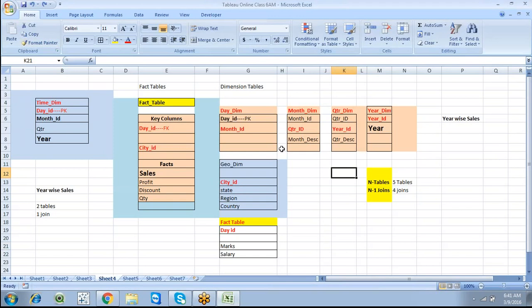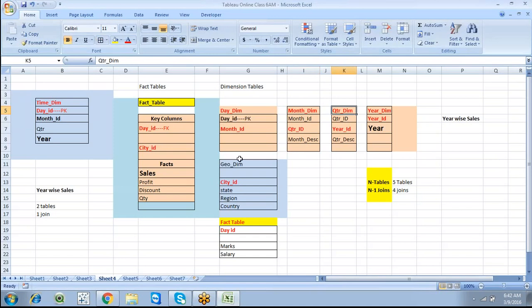If a particular dimension table is indirectly related to a fact table, that is called a shrunken dimension.